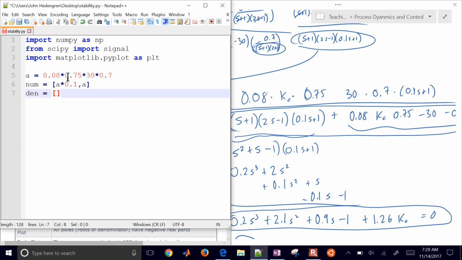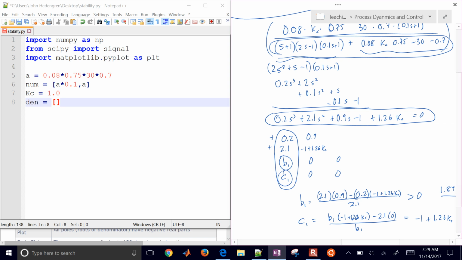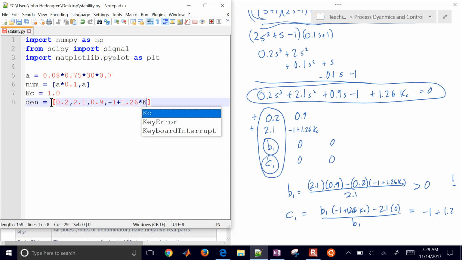Okay, I have to have my kc here now, just to be able to say what that is going to be. Let's go ahead and select something that's kind of in between there, and then we'll change kc and analyze the stability. So we have our denominator term now, and I'm just going to use the one that I have circled there with my polynomial values 0.2, 2.1, 0.9, and then minus 1 plus 1.26 times kc.